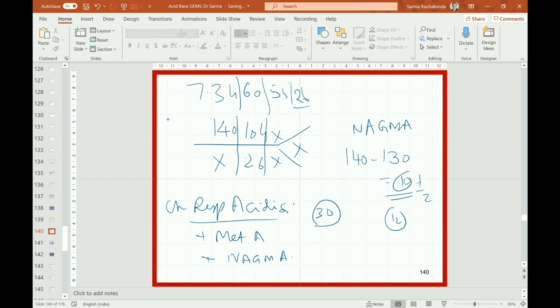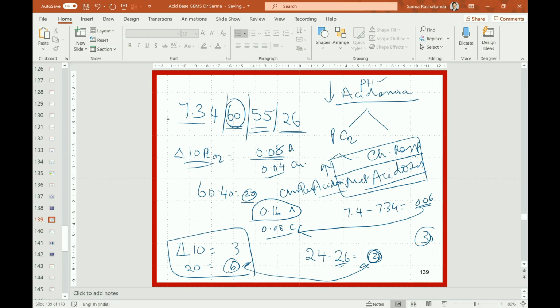So you understand, here is a patient who has respiratory acidosis, chronic respiratory acidosis, because the compensation was 0.04 and not equivalent to 0.08. We worked that out; it came nearer to 0.06, very near to chronic. Then for the delta bicarbonate, for every 10 units it should be 3, for 20 units it should be 6.